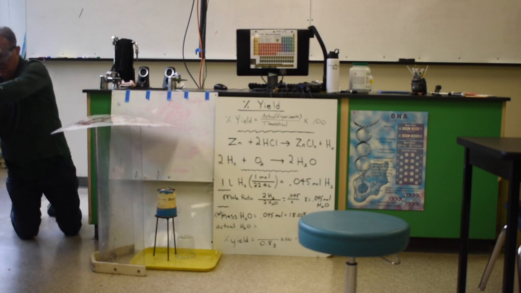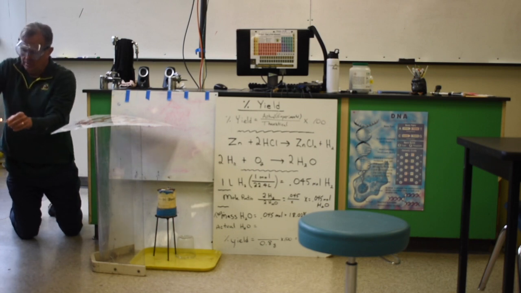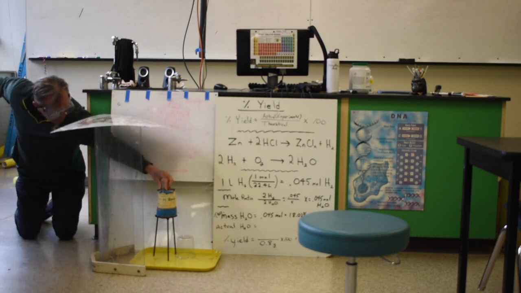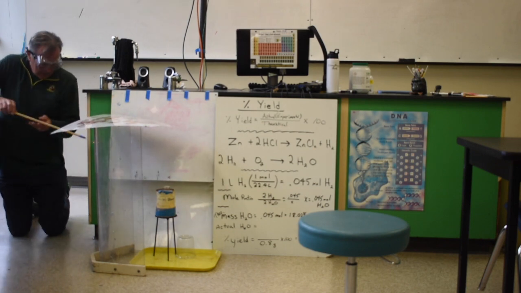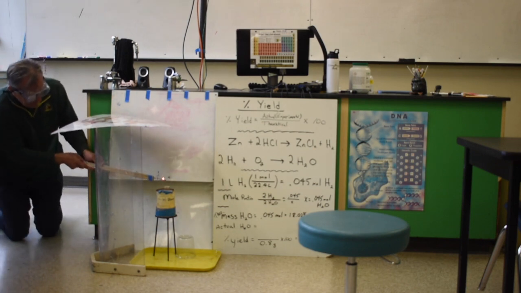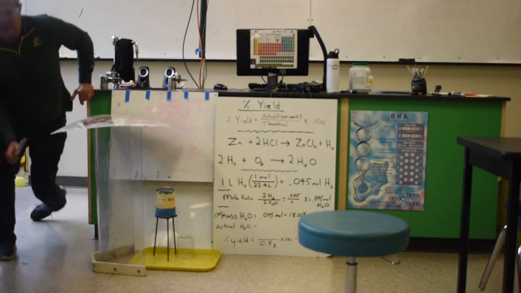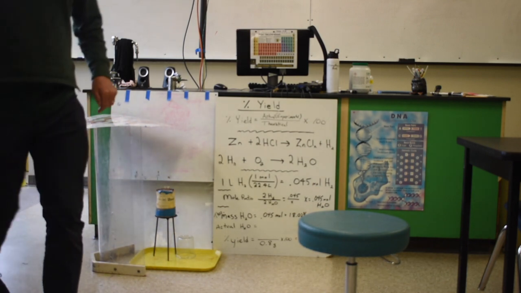Now, of course, the split goes out. Okay, so I'm going to undo it here. Hopefully gas will be coming out. I'm going to light it. And I think I got it done. But you never know.